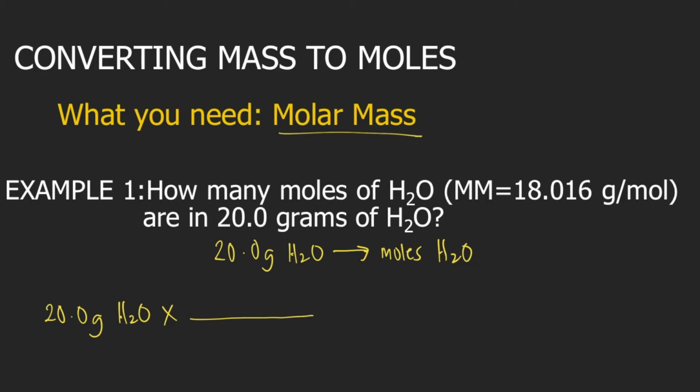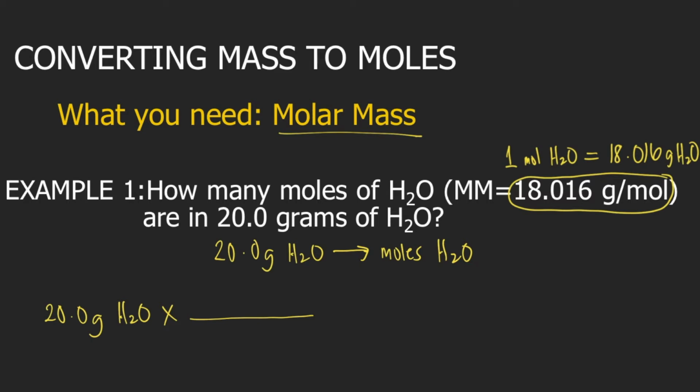So we need the molar mass of water. Luckily, it is given in the problem, 18.016 grams per mole. In case it is not given, you need to compute the molar mass on your own. So what does the molar mass say? It says that 1 mole of water is equivalent to 18.016 grams of water.